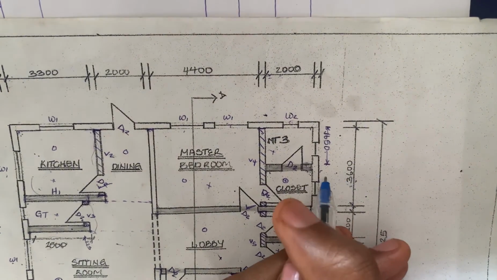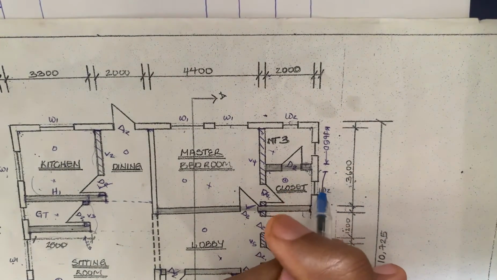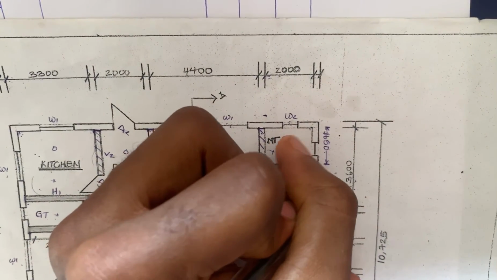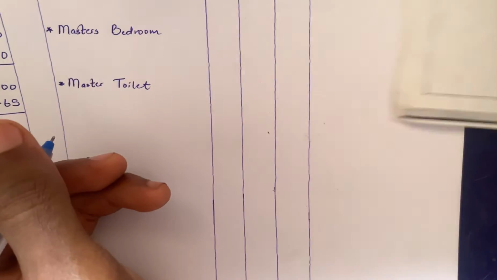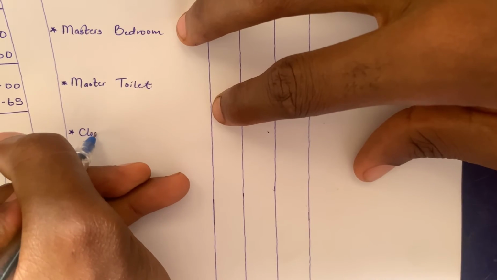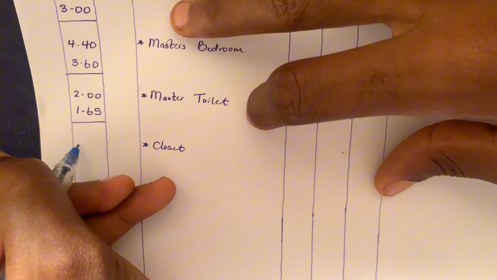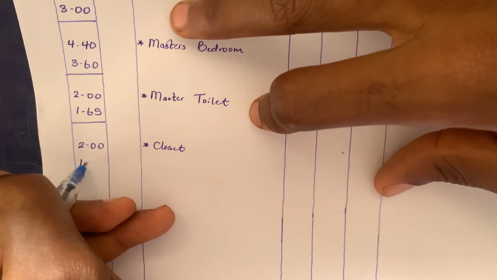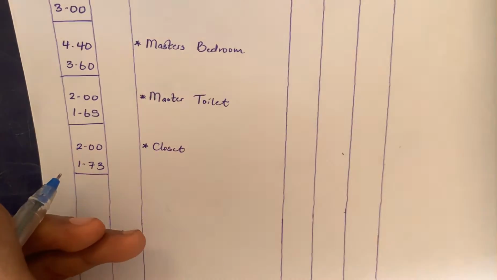So it means that from here to here is 1,725. So we book closet, that would be 2.00 by 1.73, and then we close.